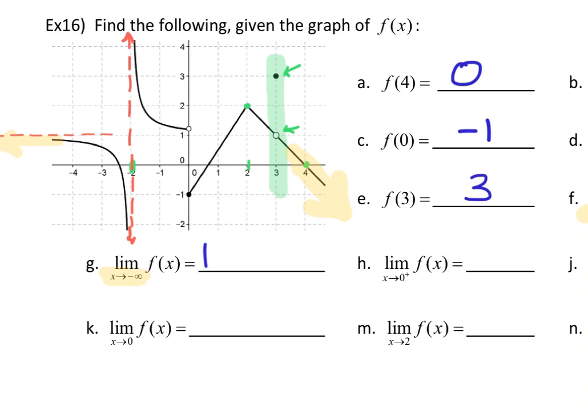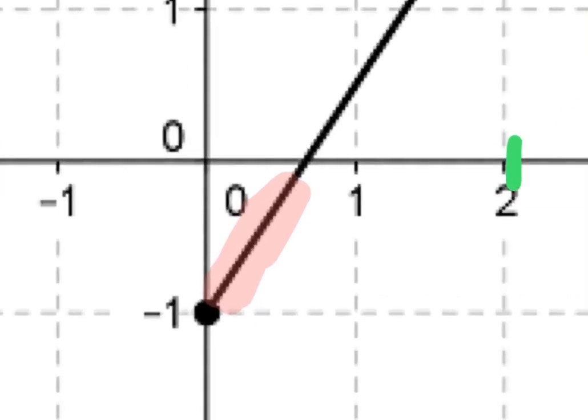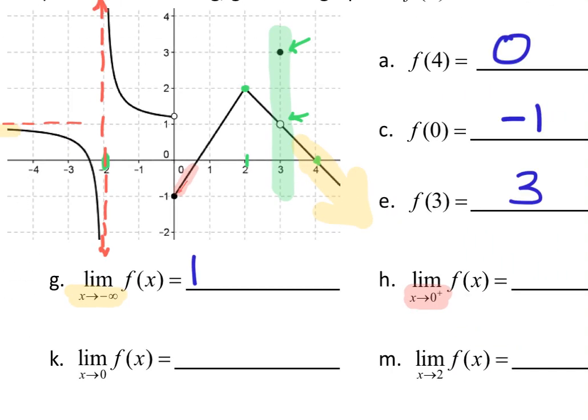If I'm talking about x going to 0 from the right, that's this part of the graph. And so the limit as x approaches 0 from the right goes to -1.